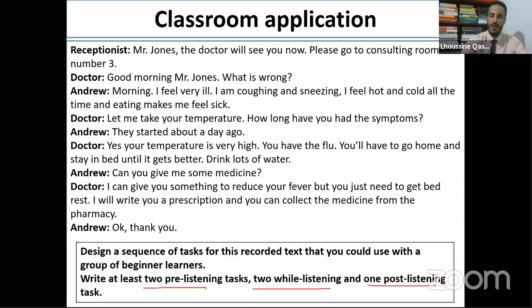Now, what about the last stage, the post-listening task? Give me just one. Siham, dialogue. Wonderful, for communication purposes. Dialogue, great. Sibyl, write a similar dialogue, great.